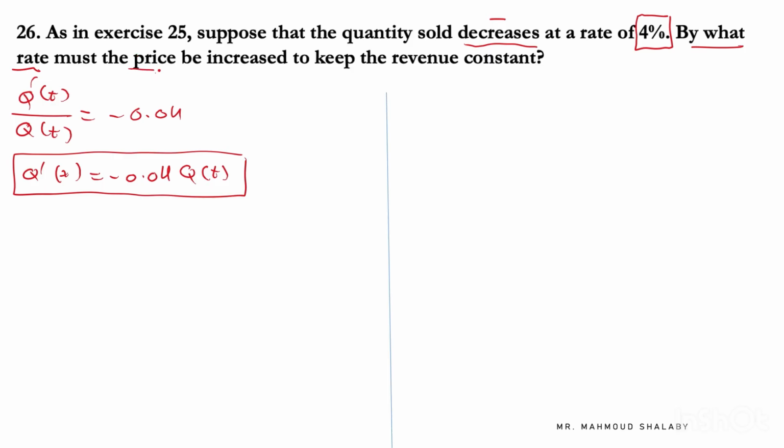The question is asking what is P prime of t over P of t equals what? However, the most important thing is the revenue constant, which means R prime of t equals 0, because if the revenue is constant, there is no change. Imagine if it's increasing, it will be positive.